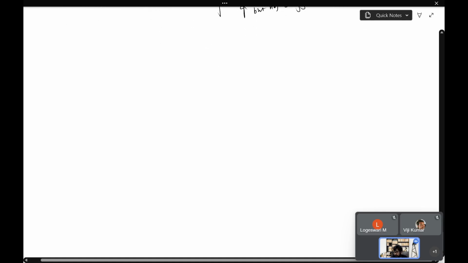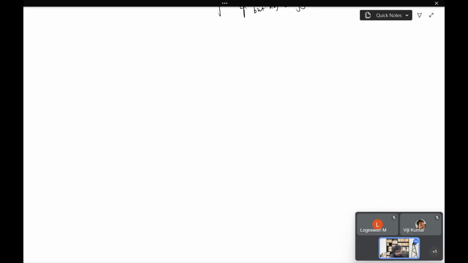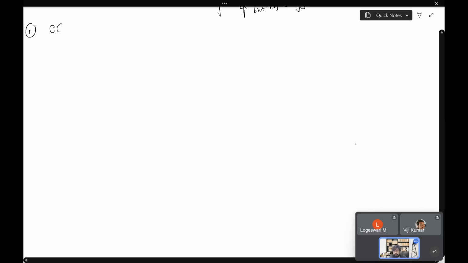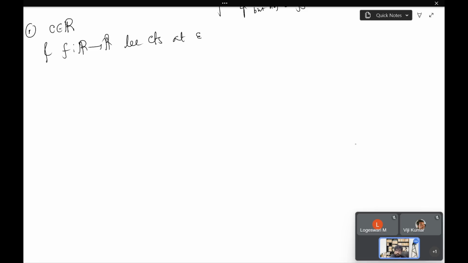Okay. So also consider the following problem. Let c belong to R and f from R to R be continuous at c.